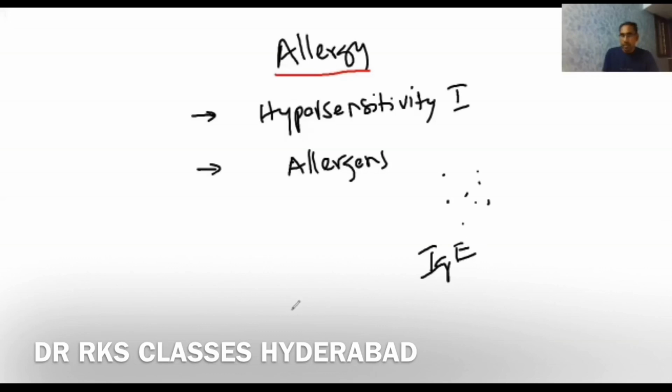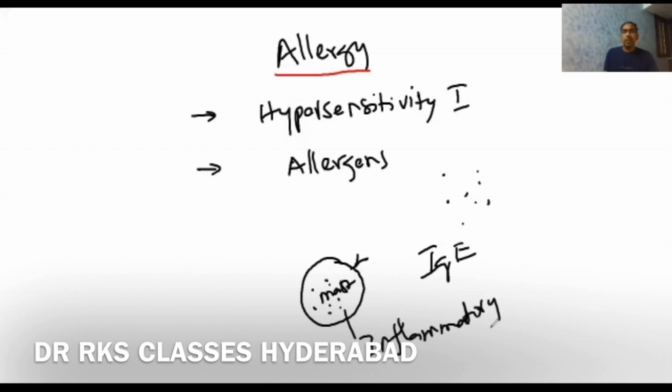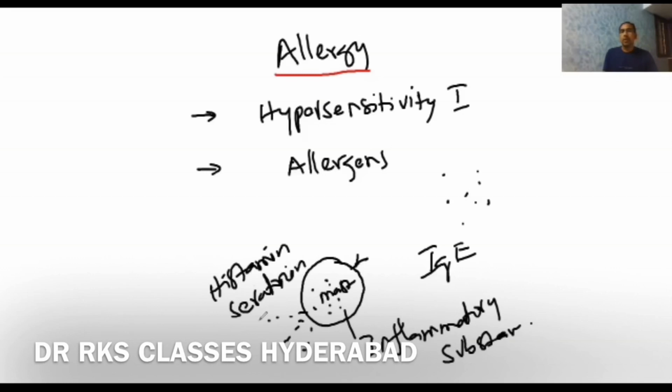When allergens enter the body, IgE antibodies are released. These antibodies attach to mast cells and they stimulate the mast cells to produce inflammatory substances. These inflammatory substances are nothing but histamine, serotonin, and they cause inflammatory reaction that leads to sneezing, watering of eyes, a running nose, difficulty in breathing.